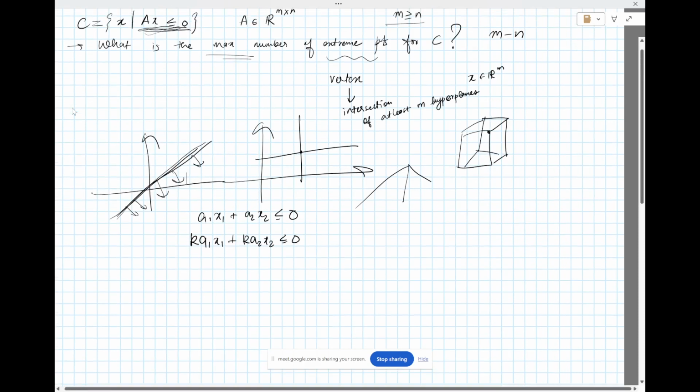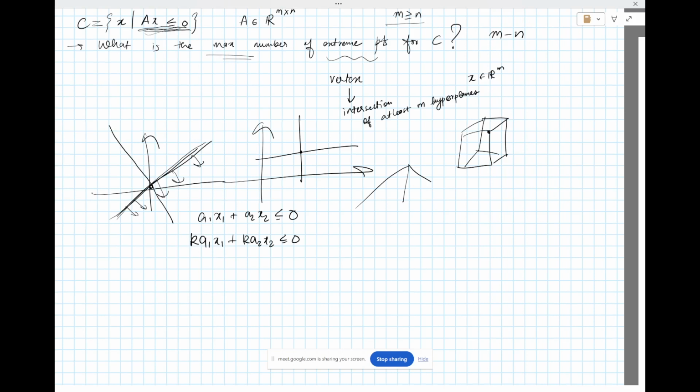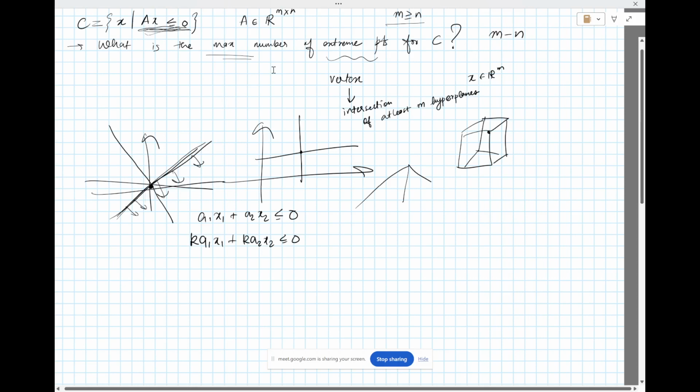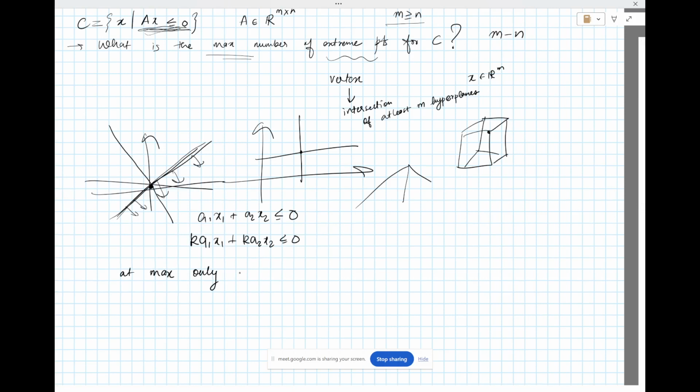So in this case, there are zero extreme points. But at max, if you add one more different hyperplane, then it will only intersect at the origin. However many you add, all will intersect at the origin only. They won't have any independent rows of A. They will intersect at the origin only. So at max, you will have one, right? At max, only one.